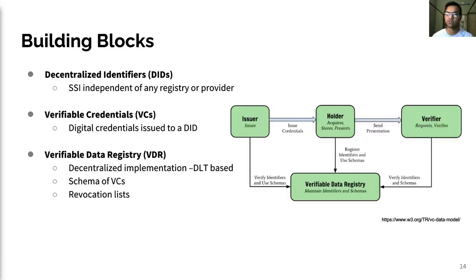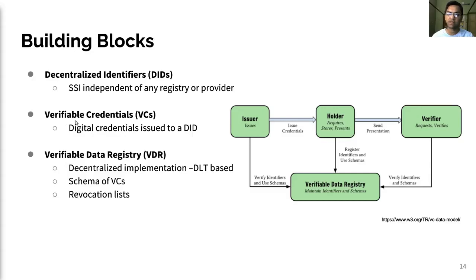We are using these building blocks in our system for SSI and providing the basis for the identity mappings. We are using decentralized identifiers or DIDs, which are digital identities, SSI independent of any registry or provider.